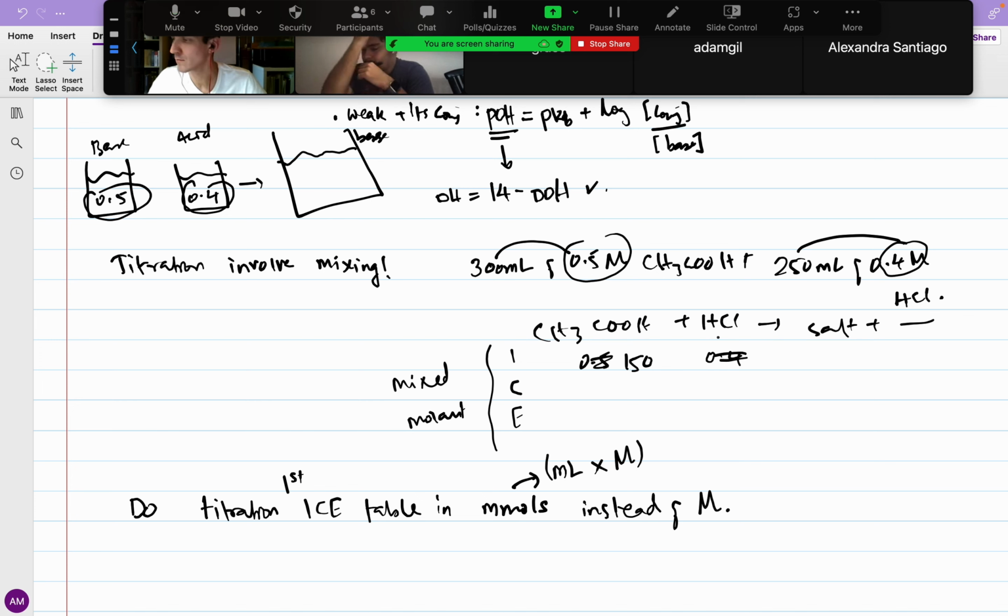Yes, 100. And then go from there. Always do your first titration ice table in millimoles, not molarities. If you need a second ice table in a titration question, you must do that in molarities. Very important to remember.